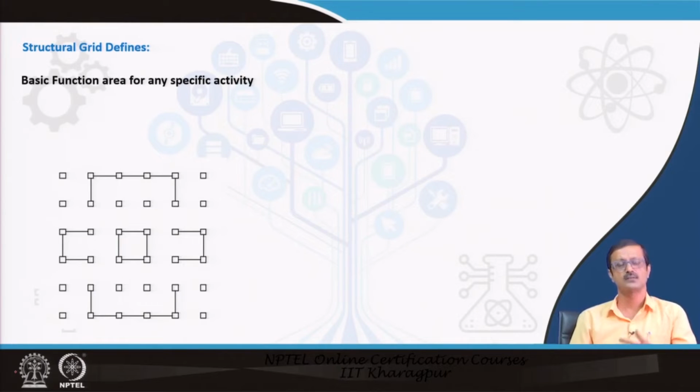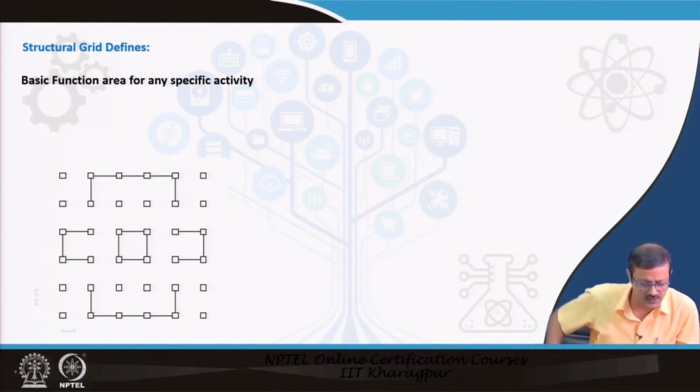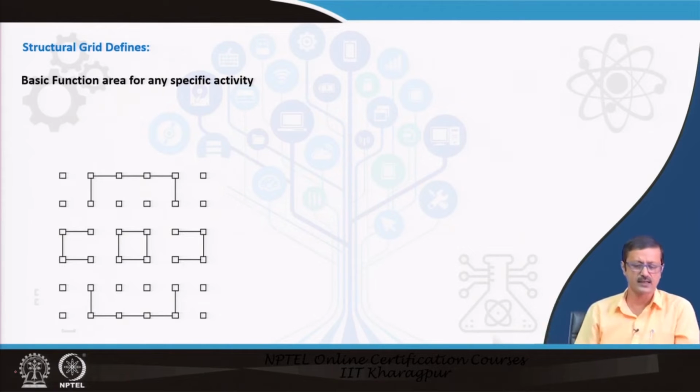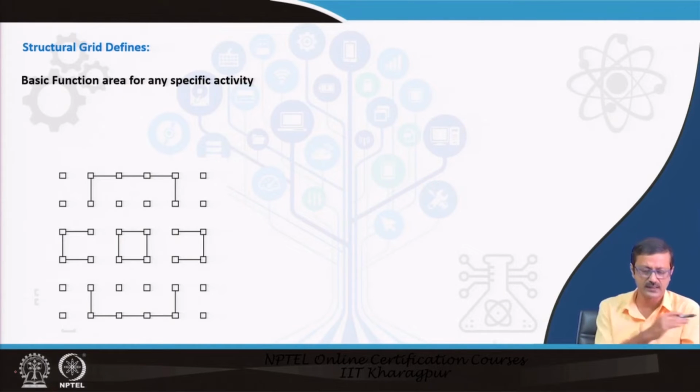Now, how the structural grid is going to define the basic function area of any specific activity. I have just now told you, because it has some grids. Suppose this is a particular grid. So, I have some defined area, and in that defined area I have different activities. Suppose this is an art gallery, or maybe a museum.